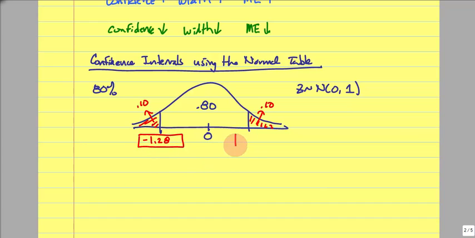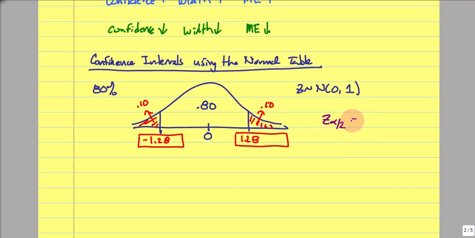Now, because of symmetry, I know I have the same value right up here, 1.28 above the mean. So remember, 1.28 is the number of standard deviations I am above the mean or below the mean to find this 80% confidence interval confidence factor. Now, the way that this will look, this is called Z alpha over 2. Okay?